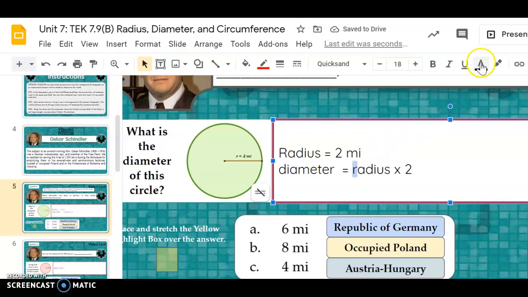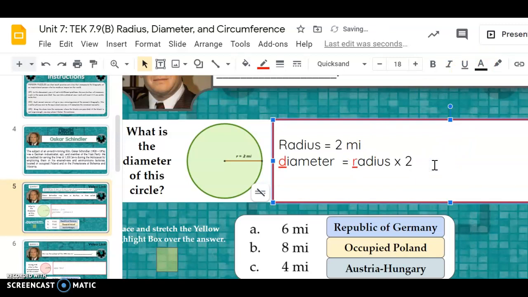Now, what I'm going to do is turn this first letter into a different color. You don't have to do that, but I want you to see. When we say diameter, we're looking just at this D right here. We're just going to put D. We're just going to put R, and I want you to notice that.